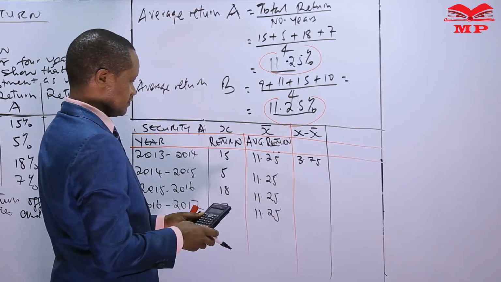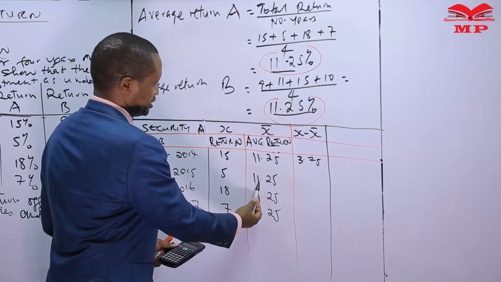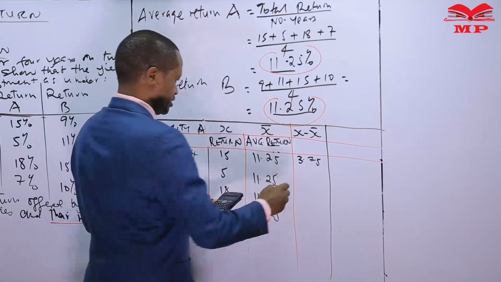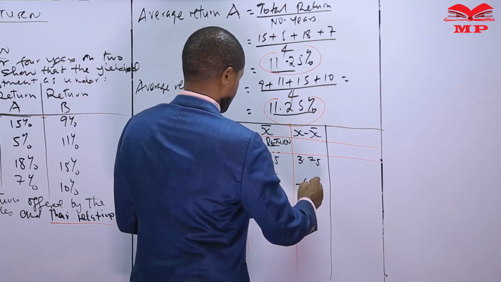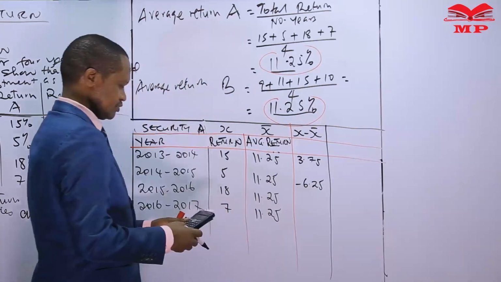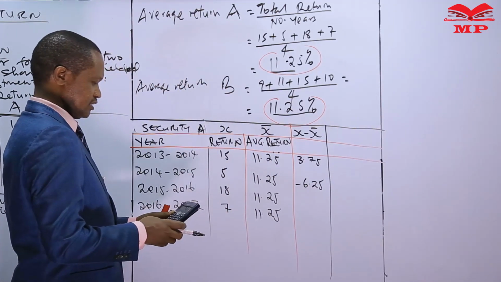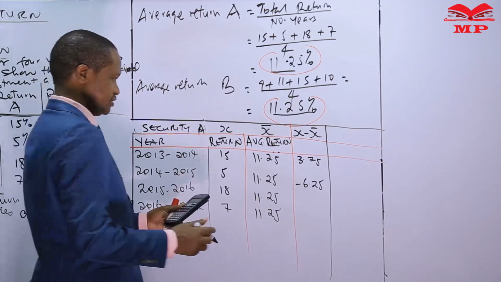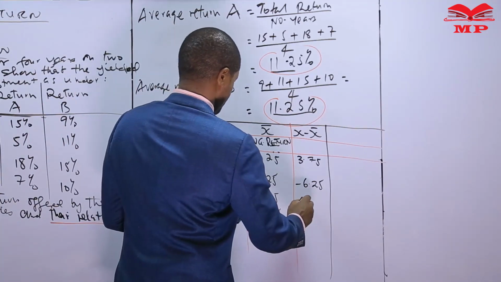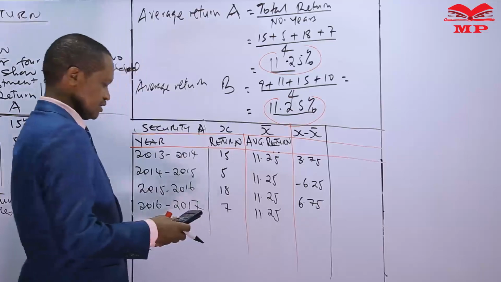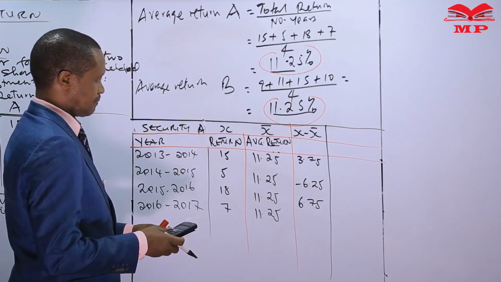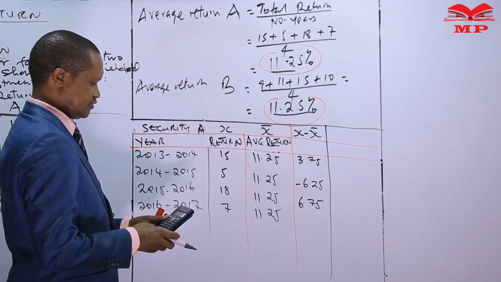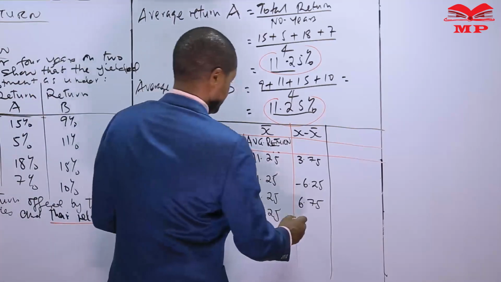Next is 5 minus 11.25, which is negative 6.25. Next we have 18 minus 11.25, which is 6.75. Lastly, 7 minus 11.25 is negative 4.25.